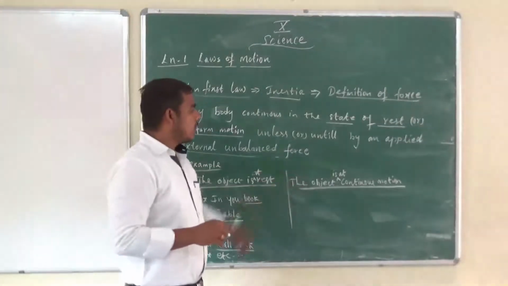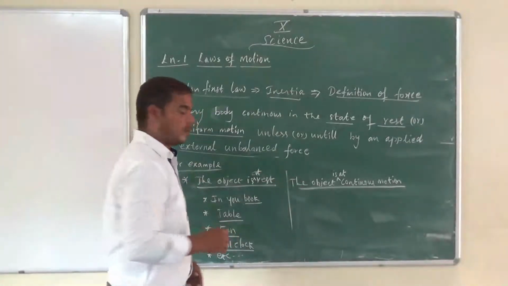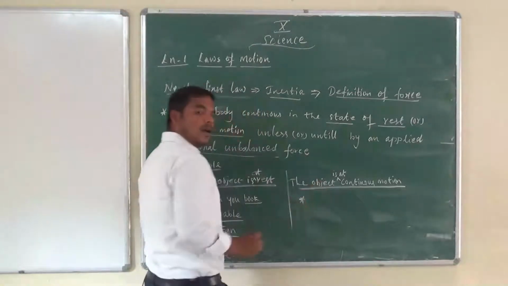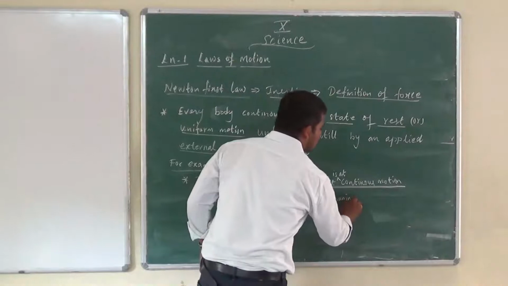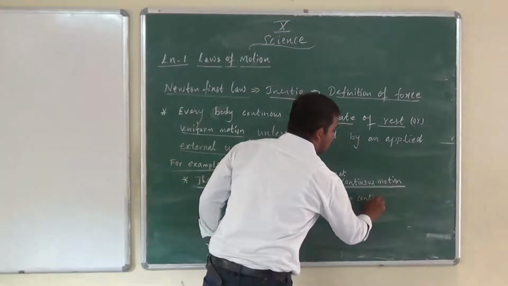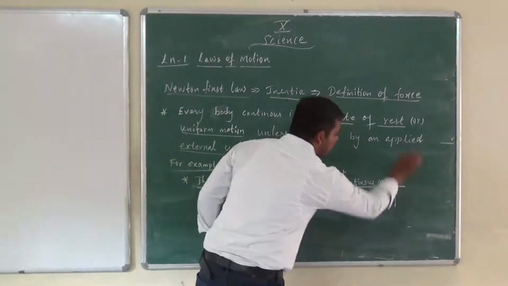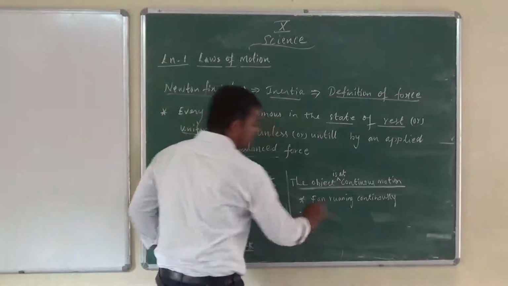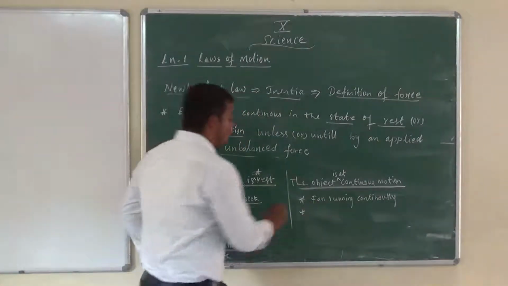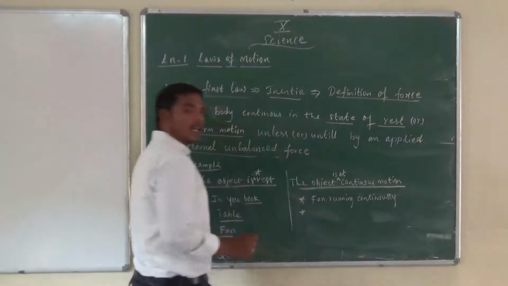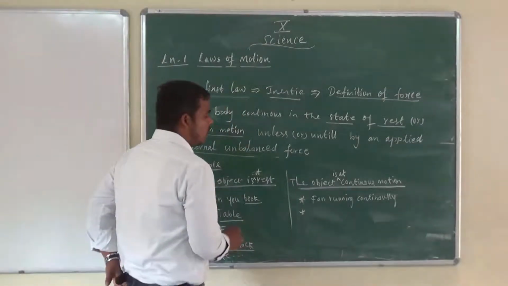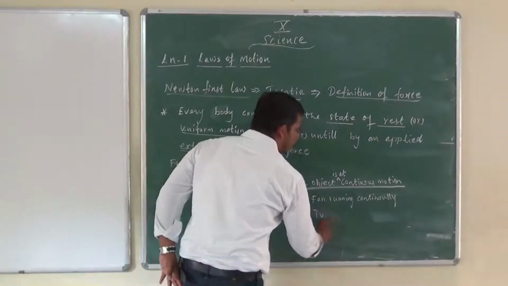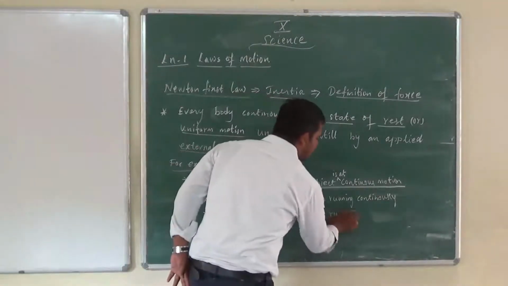See here, the object is in continuous motion. Fan running continuously. Wall clock, otherwise TV running.